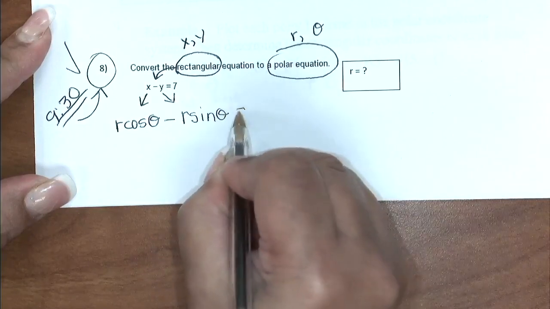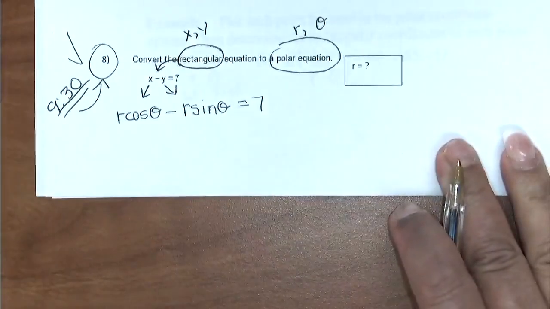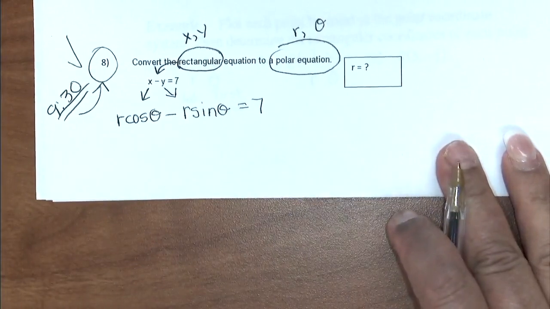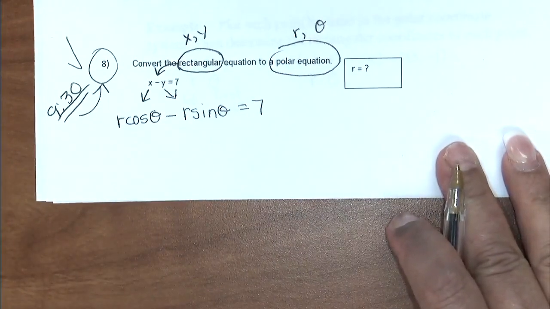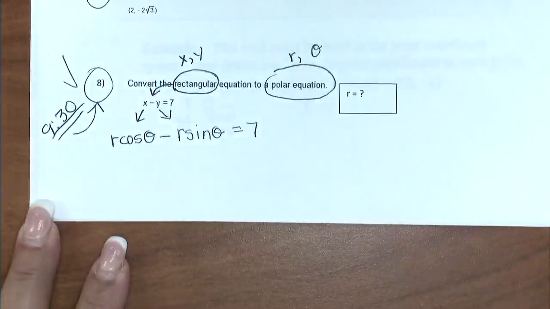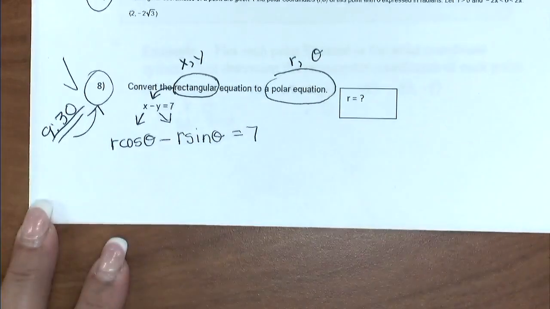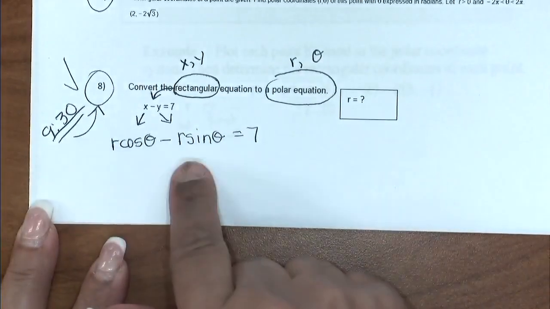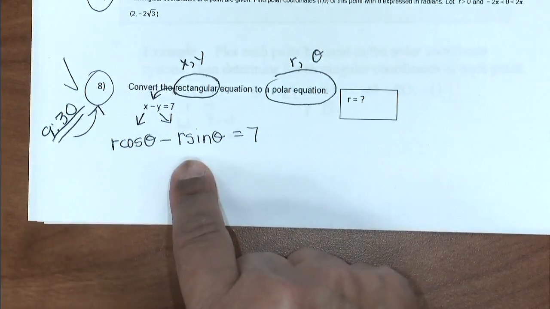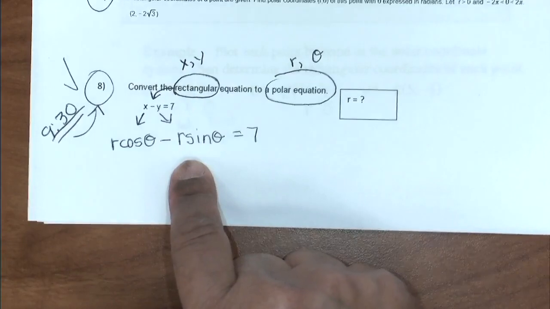And then that's equal to 7. And then just as a little bit of practice to get it ready for a calculator, in case you wanted to graph this, you solve for R. You have to know a tiny bit of algebra to get that to happen. If you're trying to solve for R, but it appears in 2 different places, you've got to get it to appear in one place, and that would happen if you just factor.